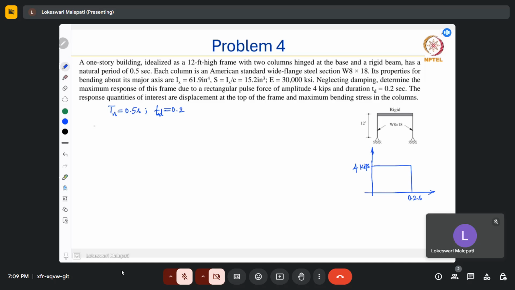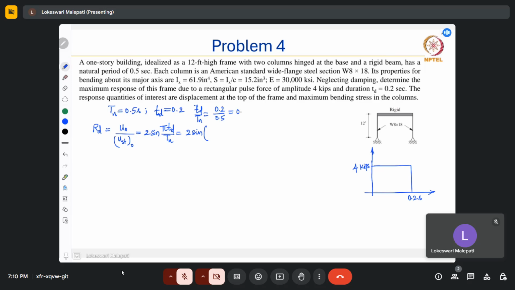So for this case, the maximum response factor is given as 2 sine pi Td by Tn, which is equal to 2 sine, Td by Tn is equal to 0.2 by 0.5.